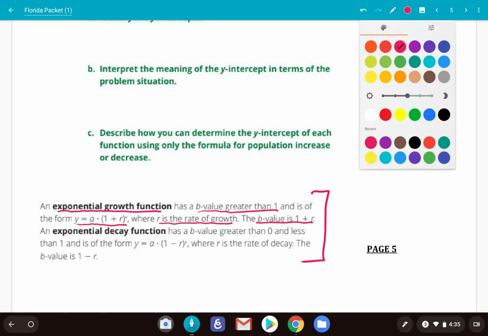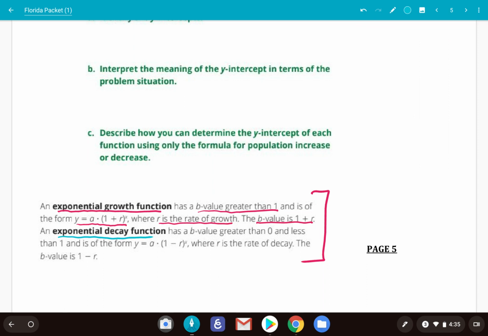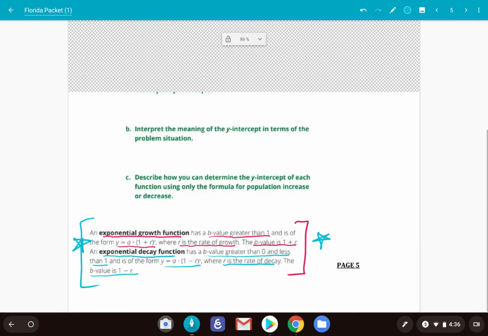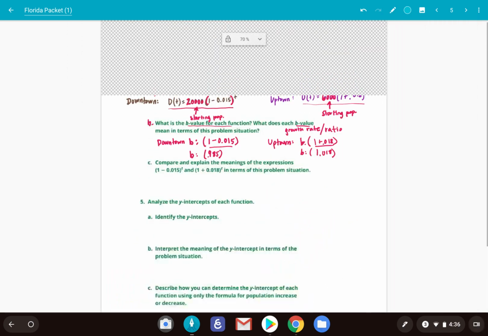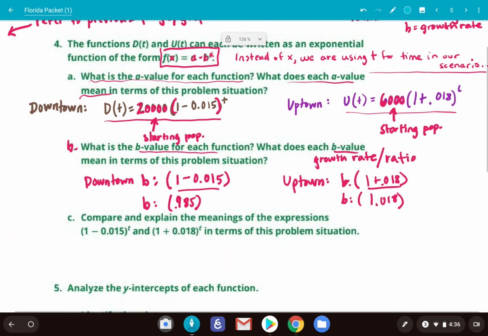For an exponential decay function, it has a b value greater than 0 and less than 1. And it's in the form y equals a times 1 minus r to the x power. r is the rate of decay. The b value is 1 minus r. So let's go ahead and just read through that example a couple of times, and then you can review again how we're getting our a value and our b value for these two functions.